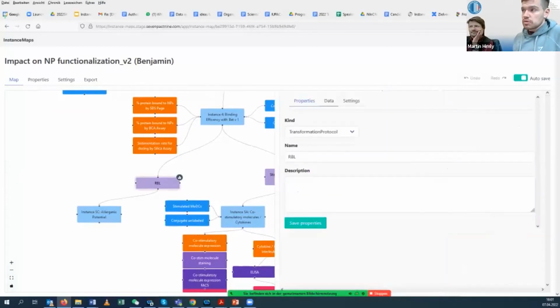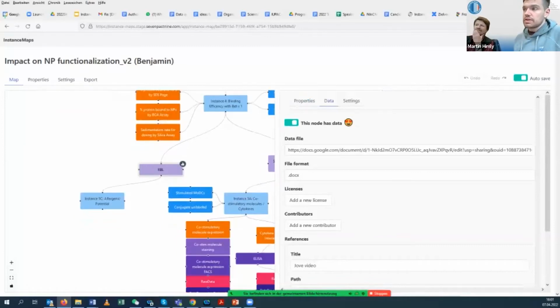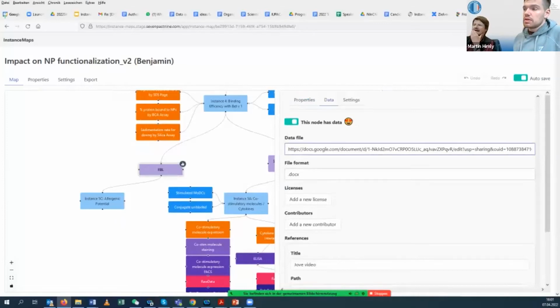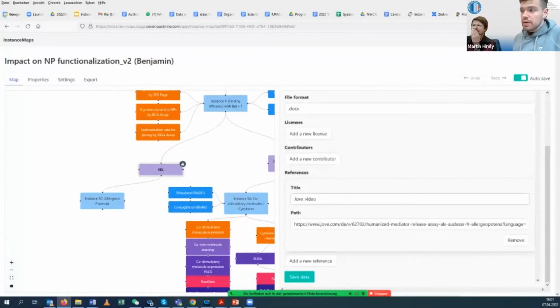And as Thomas already showed, you can add some certain data to this node, which we did here. For example, here you can see a data file. This is the SOP, which relates to the RBL assay. And furthermore, we added a video showing how this assay is done and what use it has. And I will hand over to Martin now again.